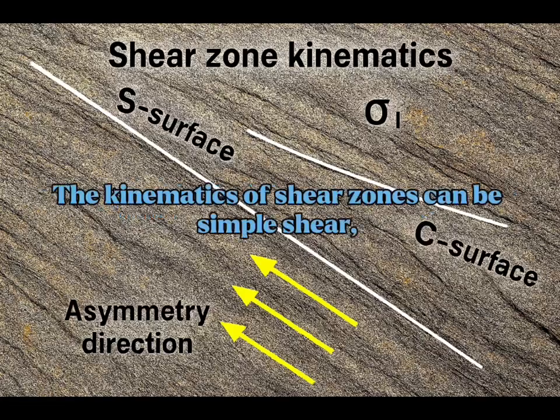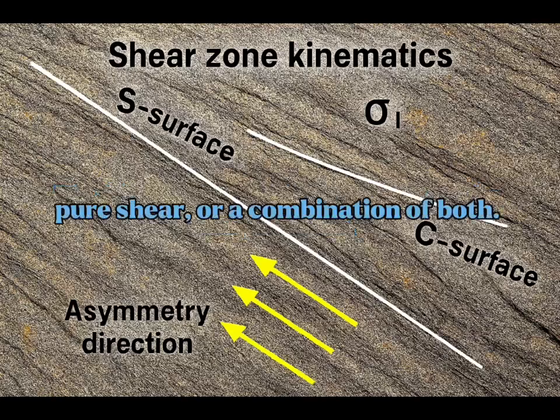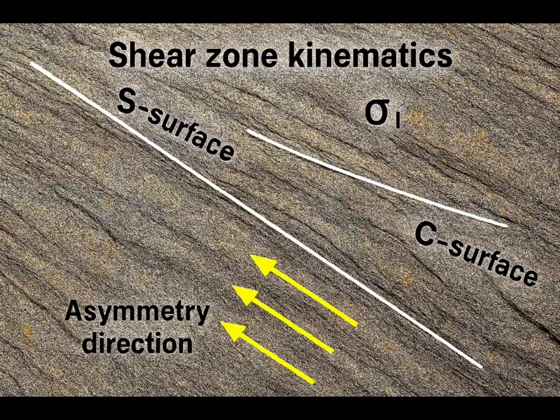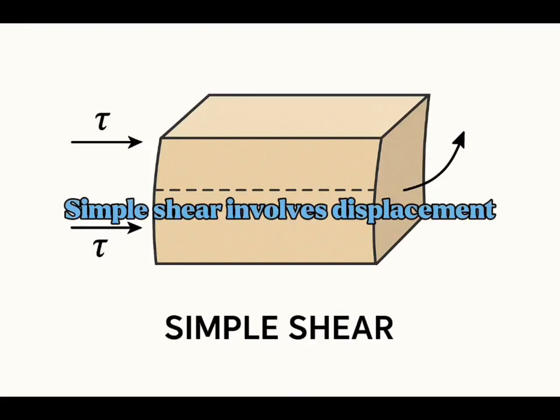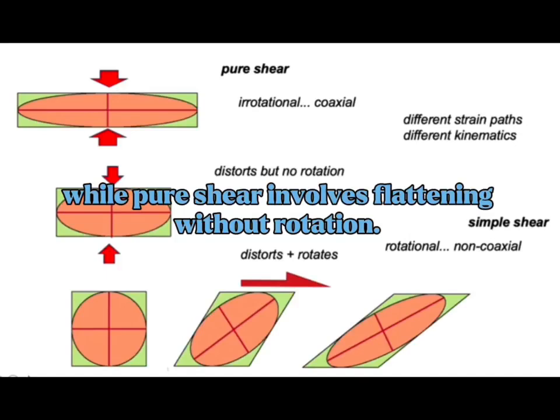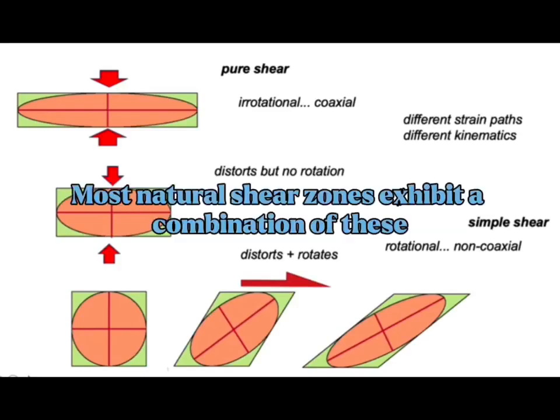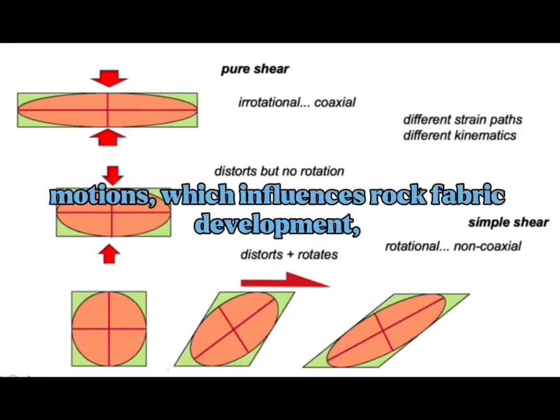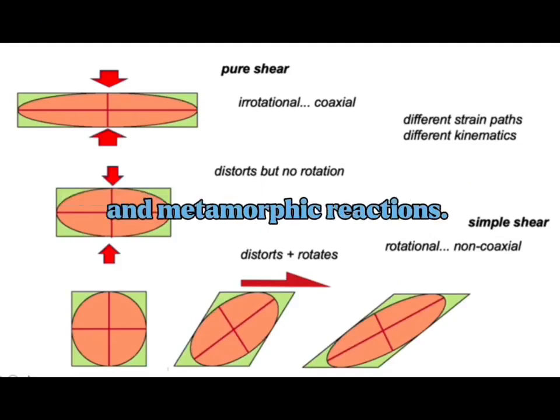The kinematics of shear zones can be simple shear, pure shear, or a combination of both. Simple shear involves displacement parallel to the shear plane, while pure shear involves flattening without rotation. Most natural shear zones exhibit a combination of these motions, which influences rock fabric development and metamorphic reactions.